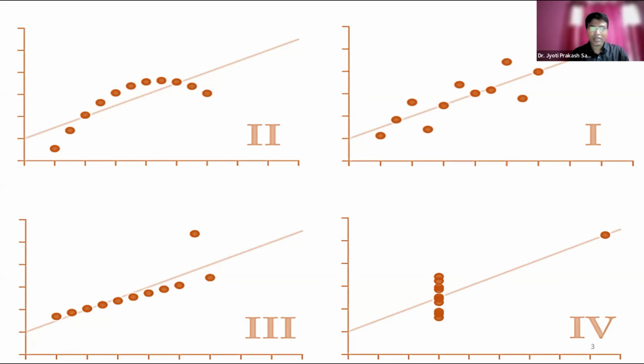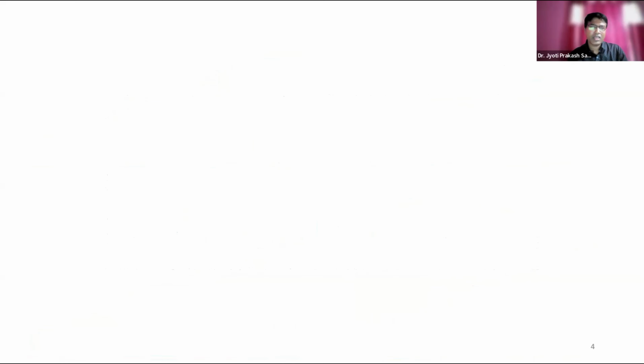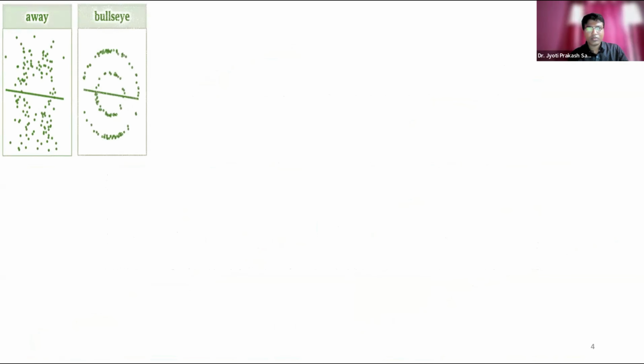We'll have another look, the data source by Alberto Cairo. Here are some extensive samples, for example 13 or 14 samples. Different populations having the same mean, SD, variance, and correlation. Just look at the samples: the first one, the second one, the third.